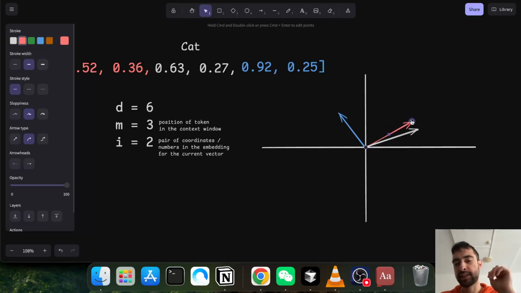But if it rotates just this much, it knows it's close, around here. But to be more granular, like where exactly, because a small rotation here can still show hundreds of tokens distance. So how do we know exactly which token? We will use another pair that's going to rotate a lot quicker.